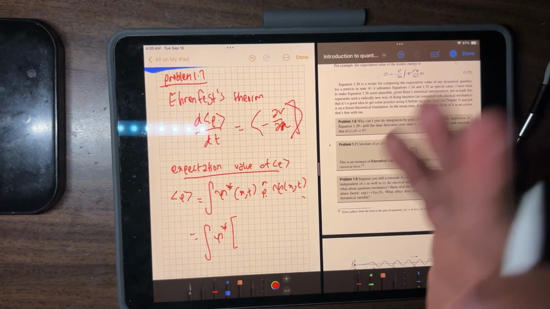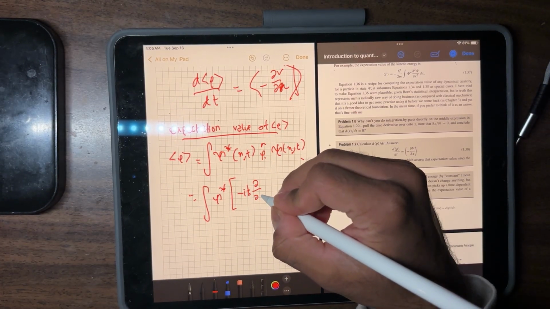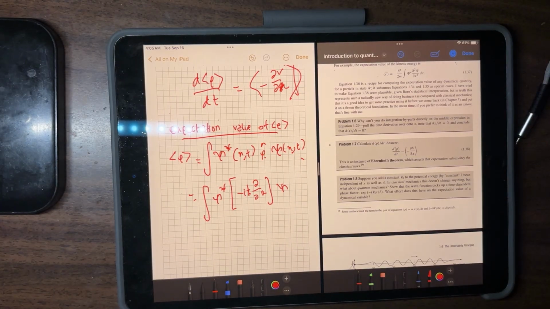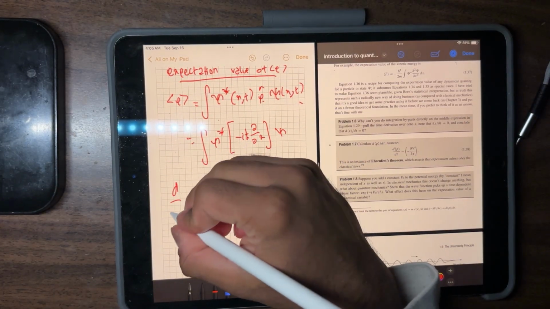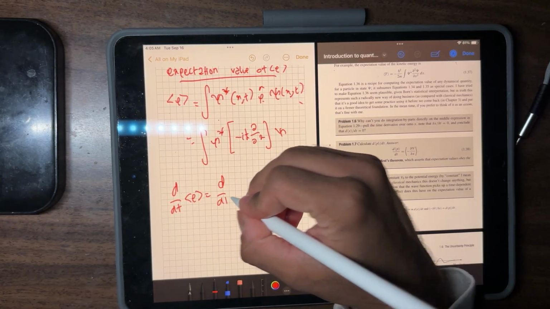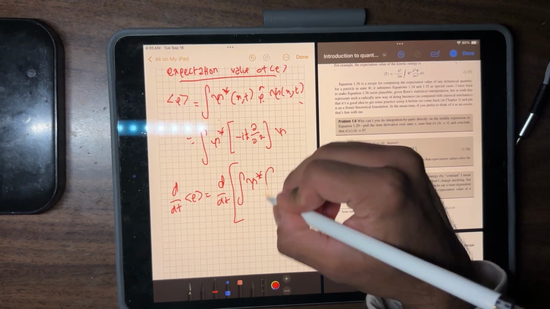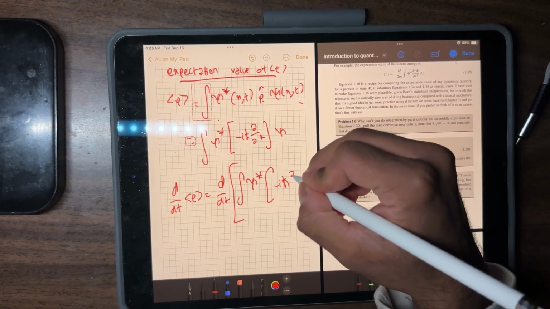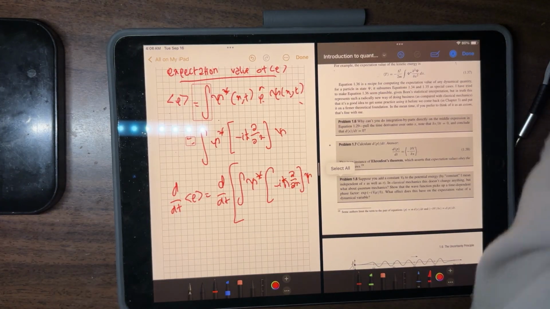I'm not writing the x and t for now. Minus iota h bar curl by curl x psi. So d by dt of expectation value of p would mean d by dt of this entire thing, minus iota h bar curl by curl x psi.